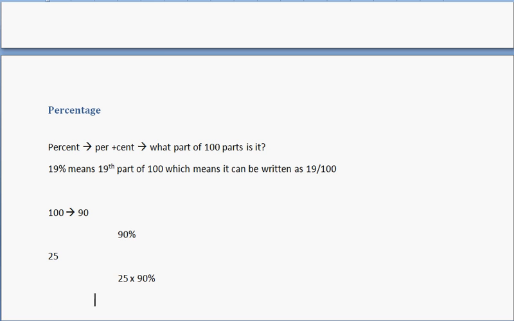So 90% is 90 parts out of 100, right? So I can find what this means. This means I achieved some marks which is 22.5, I suppose, right? So it means I got 22.5 marks. So this is what we mean by percentage.